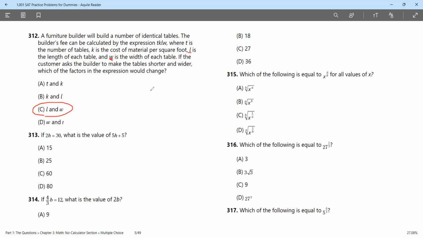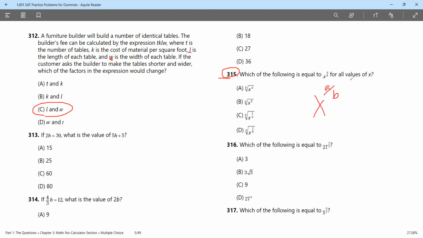Okay, let's move on to 315. Which of the following is equal to x to the power a over b?